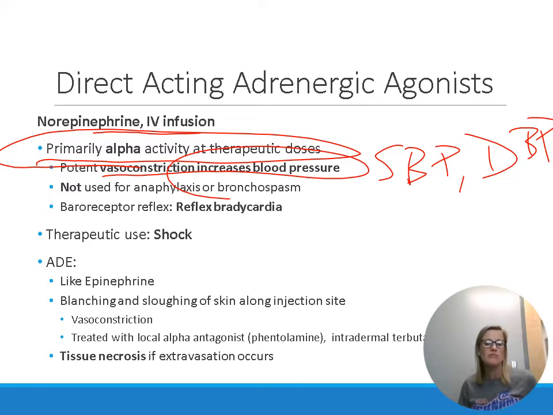Because there's not very much beta-2 stimulation, we don't see dilation of the vessels at all, hence there's no decrease in diastolic pressure. But also, because there's not much beta-2 stimulation, we don't have bronchodilation. So this is not effective for anaphylaxis or bronchospasm. Very important to keep in mind.